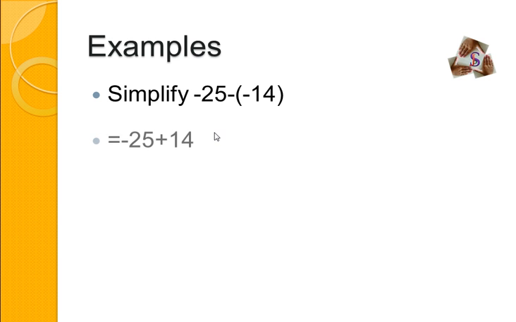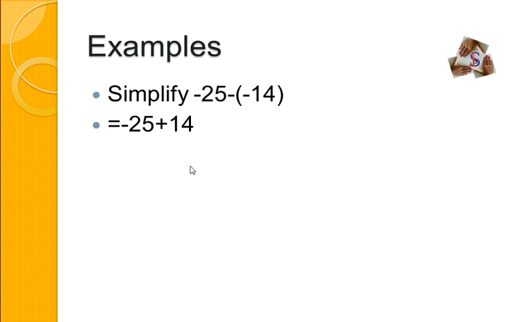Therefore, it is minus 25 minus into minus. So as I had already told you before, when the signs are the same, it takes a plus sign. Therefore, it becomes plus. So minus 25 plus 14.